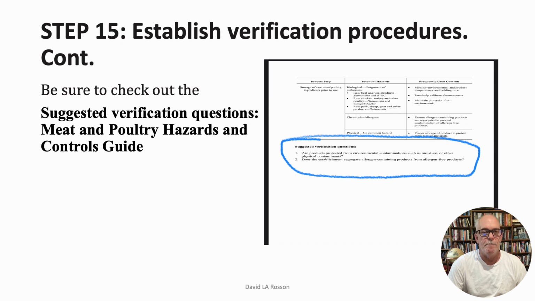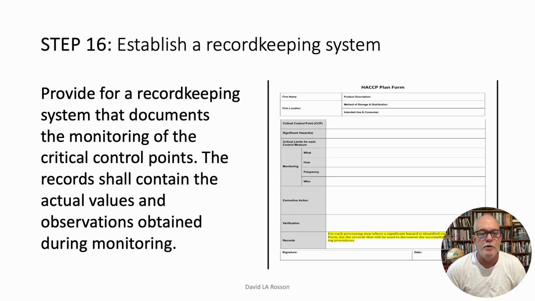Check it out. I don't know if you know it or not, but if you don't have a record, you didn't do it. So step 16 is going to be pretty important. What records are you going to need to support the CCP? What records will you have? Well, at a minimum, you're going to have things like monitoring records and corrective action records, maybe some verification records, which could include things like calibration or testing or other things like that.